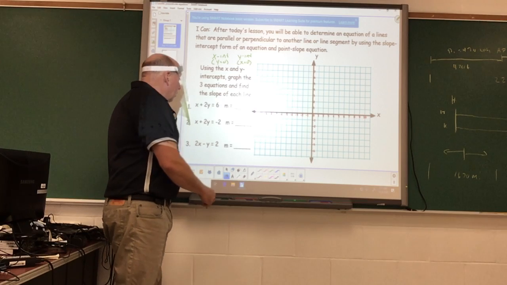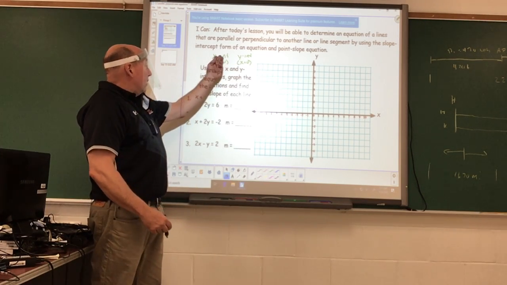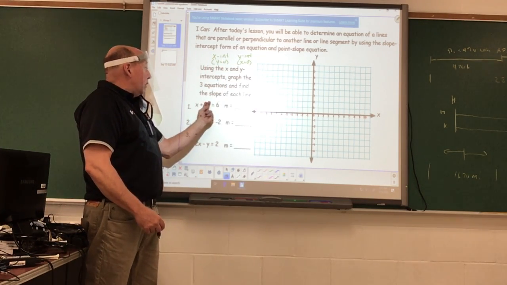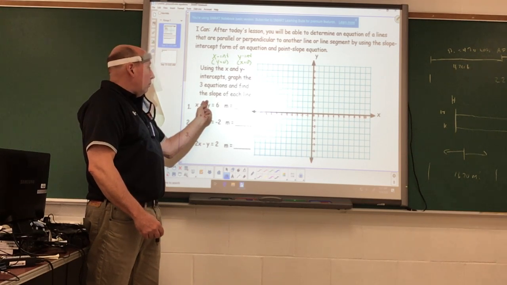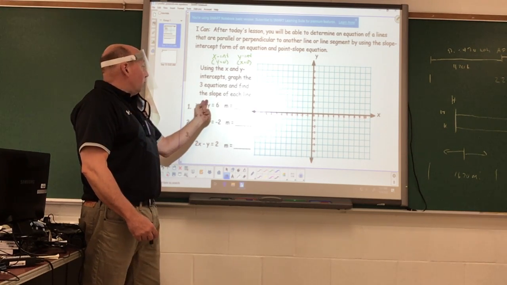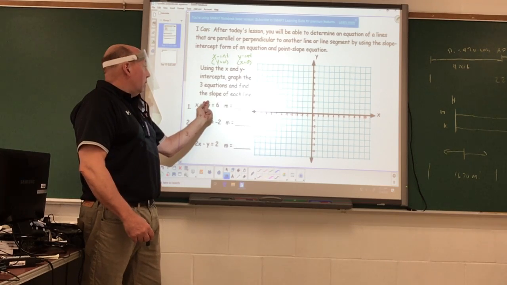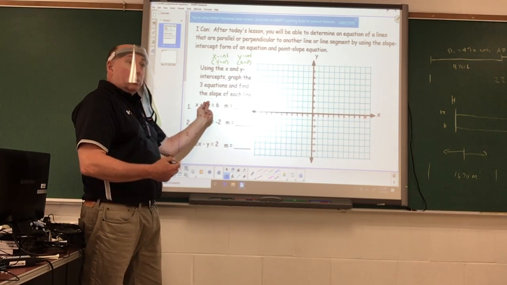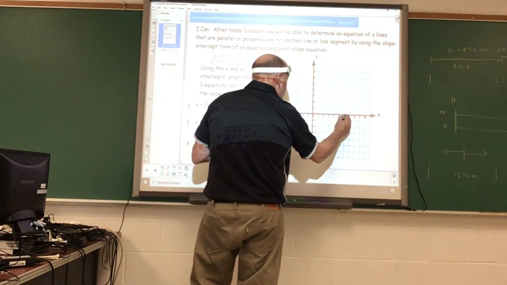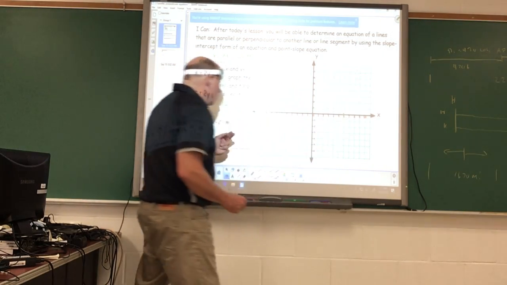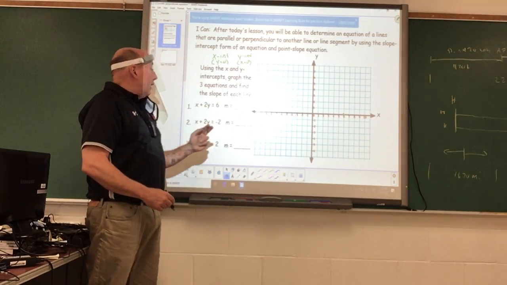So if we take a look at our x-intercept, my y value is equal to 0. If my y value is equal to 0, I can just cover up y here. So x equals 6. For my y-intercept, my x is equal to 0.